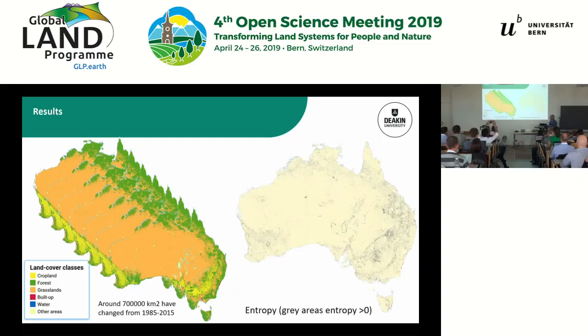The entropy that we calculated, and the discrepancies among models, show that overall we have high agreement between our different runs of different models, and the gray areas in the map show the areas where we have disagreements. That means that different models have different land cover classes for those pixels.